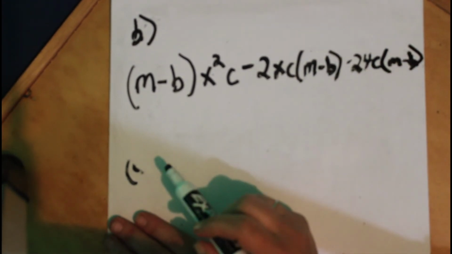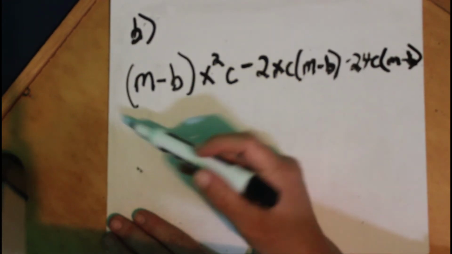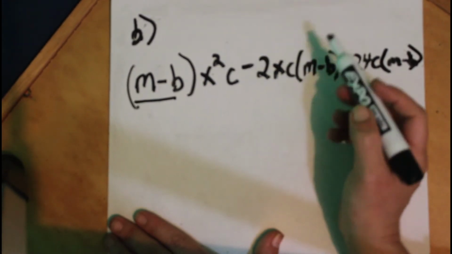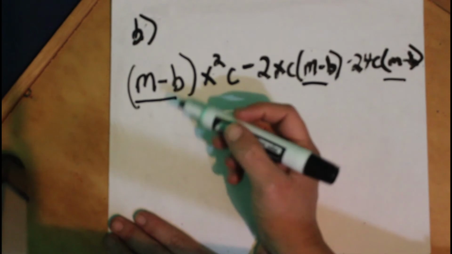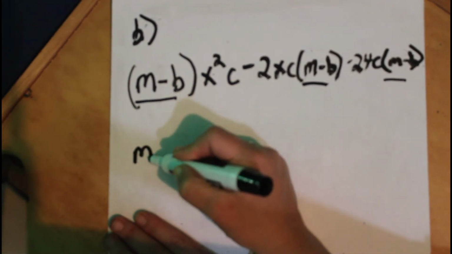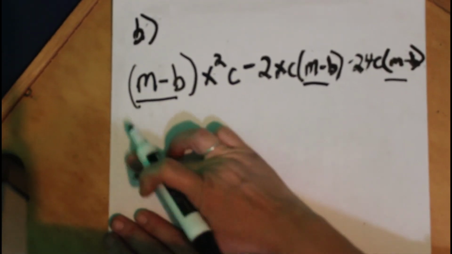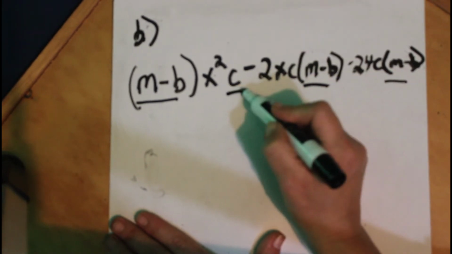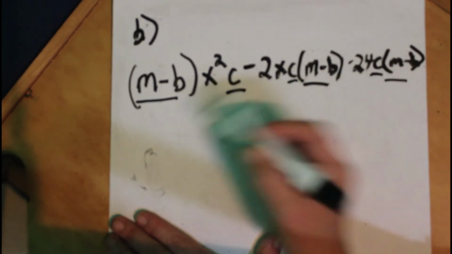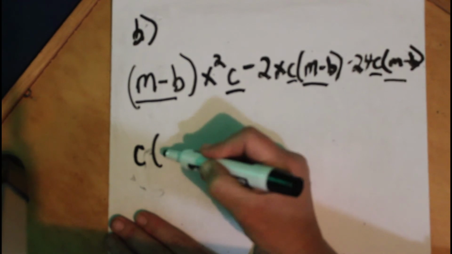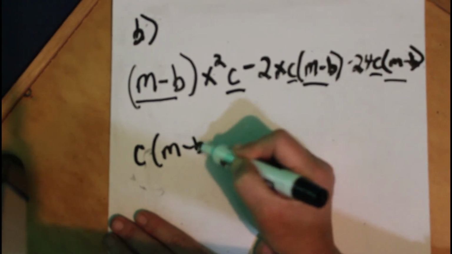Alright, so we got a couple of like terms here that we can pull out, so a couple of common factors. M minus b, we're going to pull that out. Actually, we also have c in all these, so we're going to put the c first. Then we're going to put m minus b.